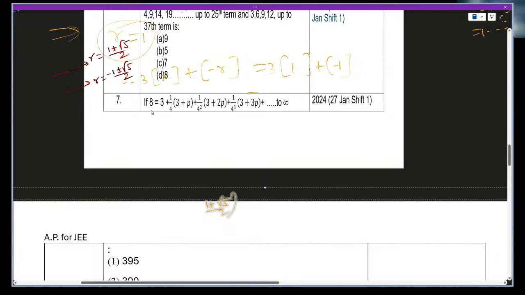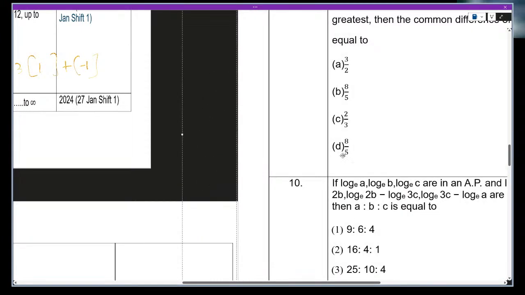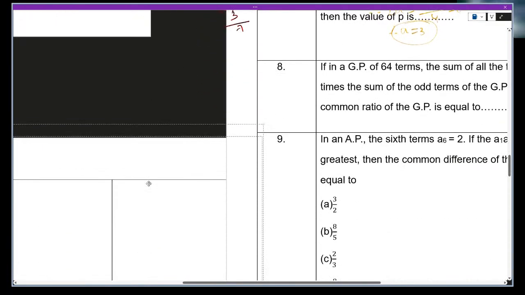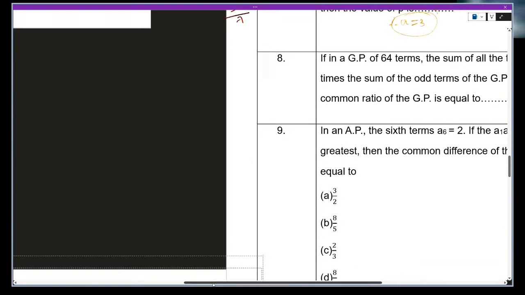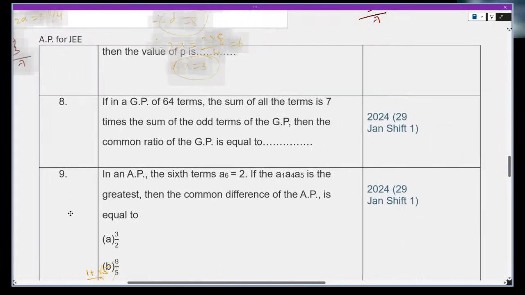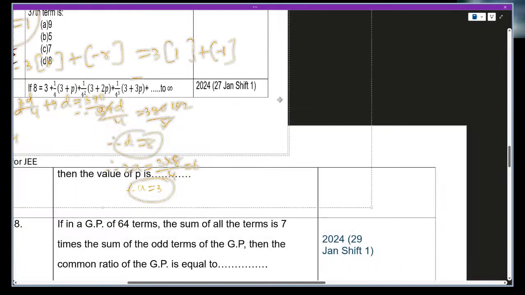The question is there. If this thing is equal to this, find the value of P. It has come to the next page. The question is there also, partly. I'm showing you. The value of P is what? Got it? The question is there.